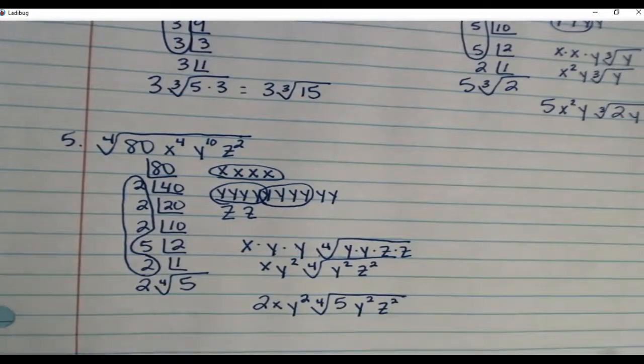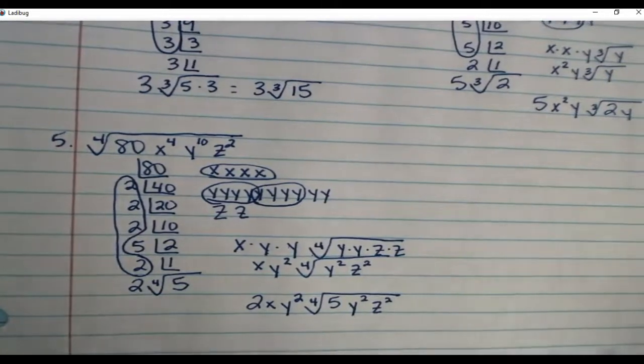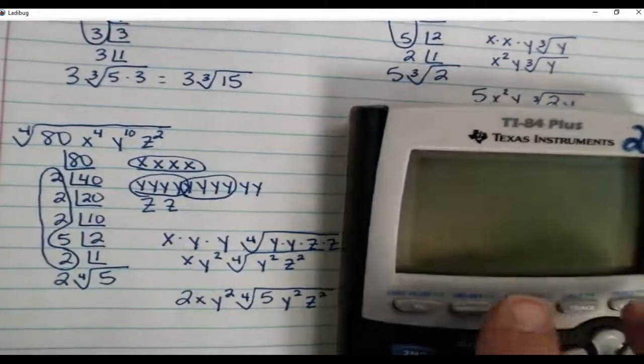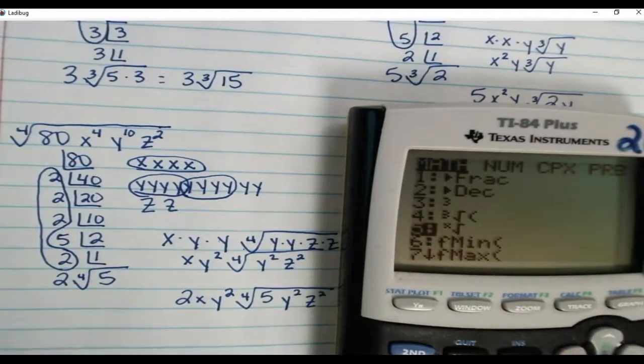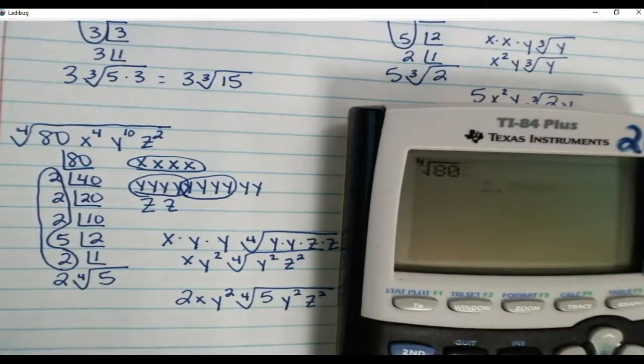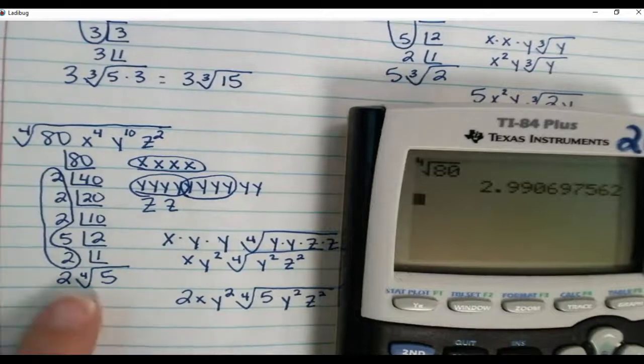So you can't check the variable part, but you can check the number part. So we do 4th root, so you type the 4 first, and then number 5 of 80. And then you just do the number part. So 2, I think you have to do parentheses 4.